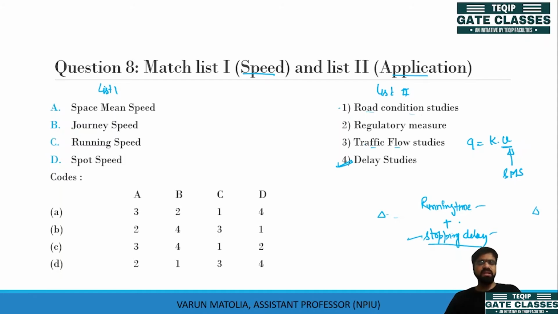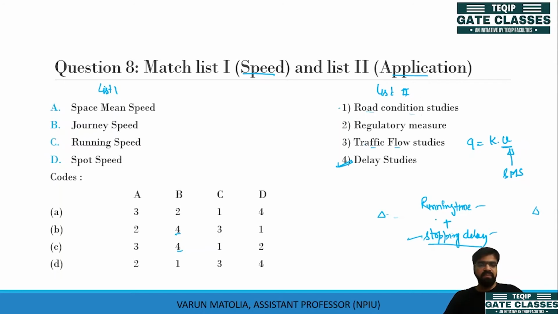If it is for refreshment, there is no problem, but if it is for some congestion, we should remove this congestion. So this can be done using delay study. So journey speed is matched best with delay study. So these two options, B with 4, can be taken as correct.